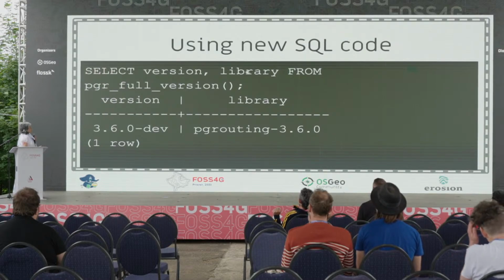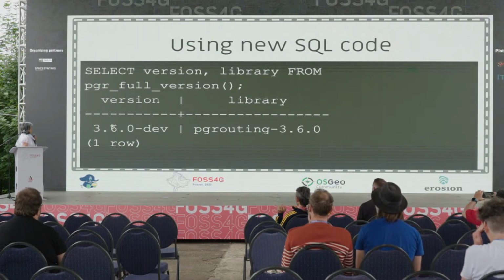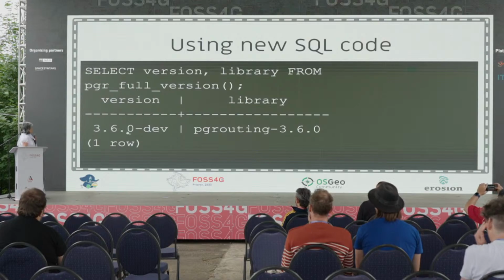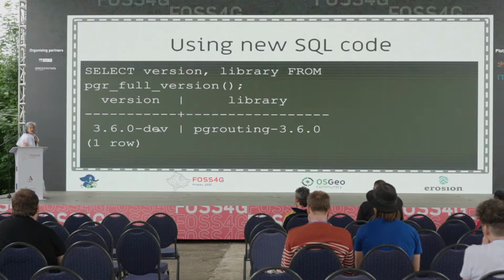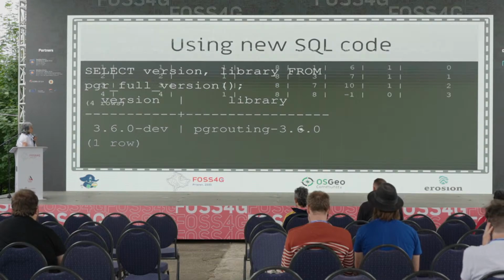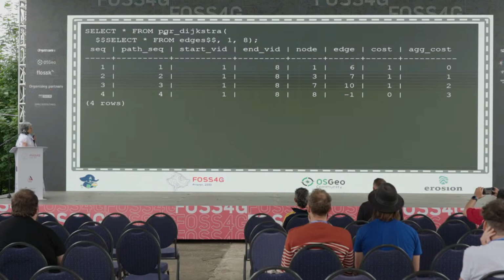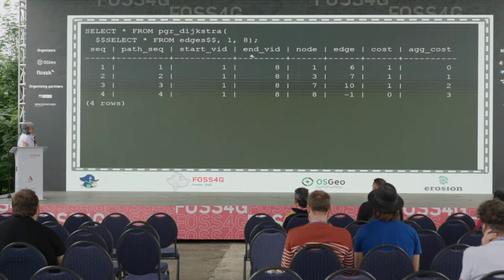But let's see what happens if I'm using, for example, 3.6.0 dev. Remember, this is for September or something, but you can try out 3.6 dev. It's in the develop branch of pgRouting with the 3.6 C++ code. We run the same query and we get two additional columns, start_vid and end_vid.